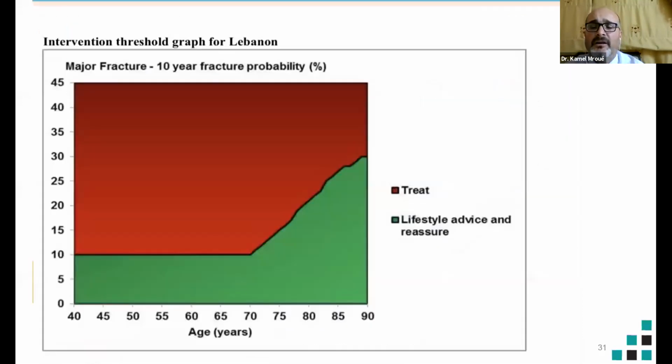In Lebanon, for treatment, we use the hybrid scale. We treat patients up to 70 years who have more than FRAX 10% for major osteoporotic fractures, and from 70 to 90 years, we use a sliding scale from 10 to 30% FRAX to treat.